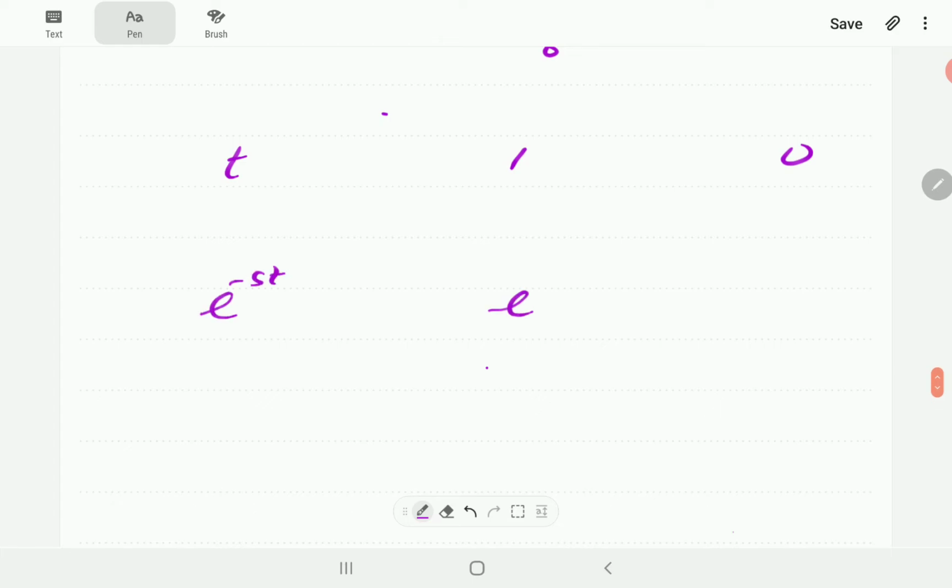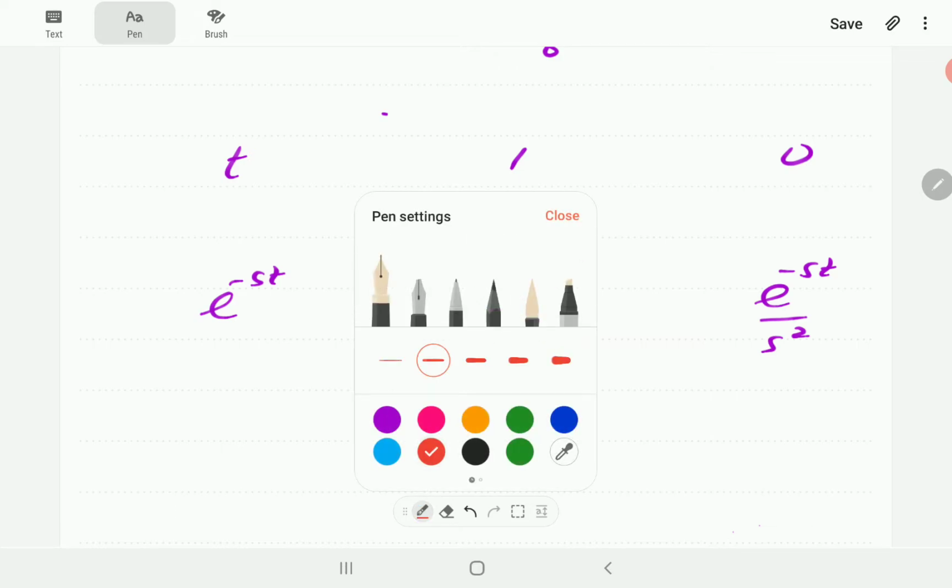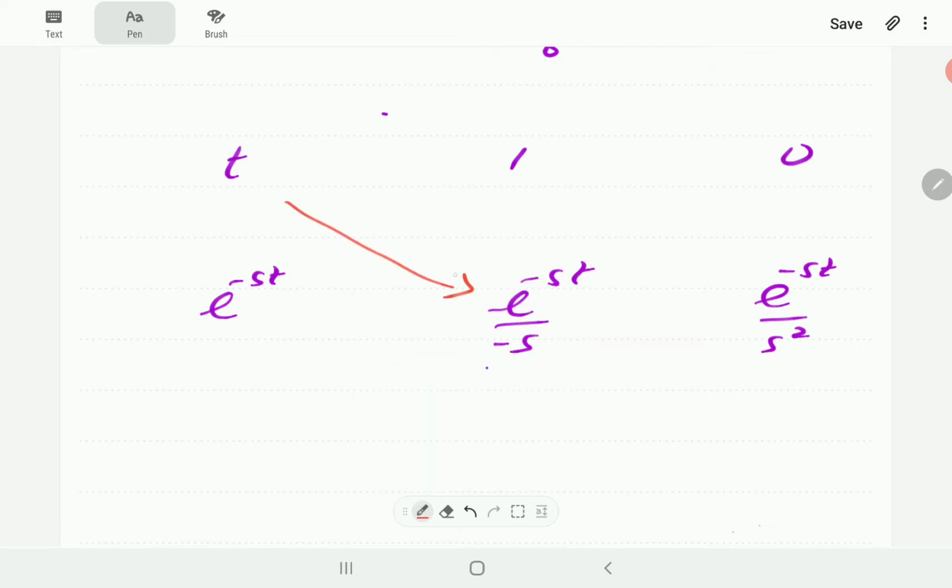This one we integrate, so it's going to be over negative s, and then the integral of that one is going to be over s squared. Then we match the first one to the second one with a plus sign.